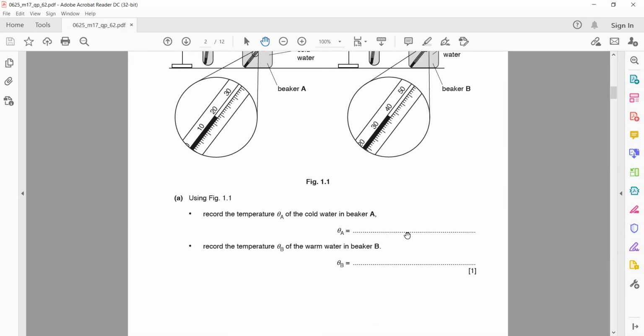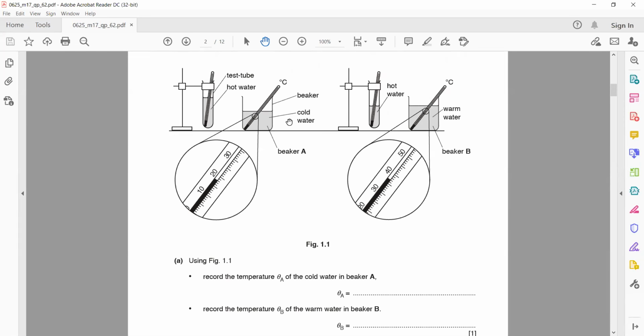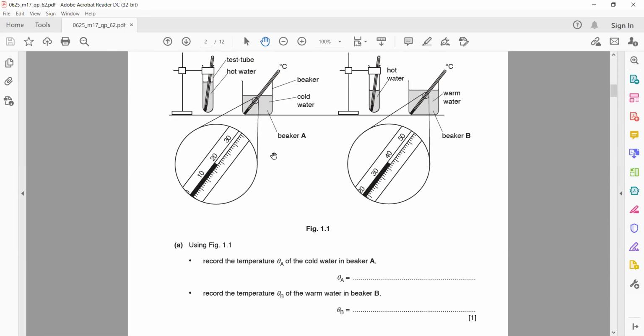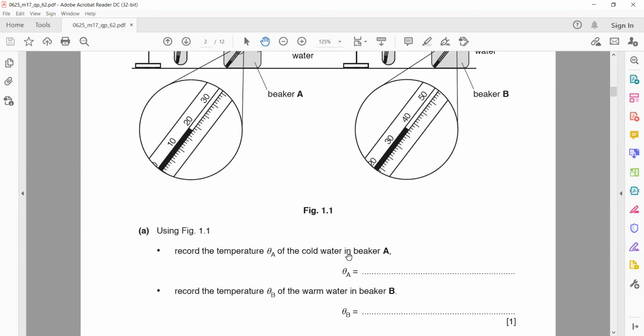Using figure 1.1, state the temperature theta A. Theta A means the temperature of the water in beaker A, and theta B means the temperature of the water in beaker B. What is the temperature theta A? Theta A is 18.